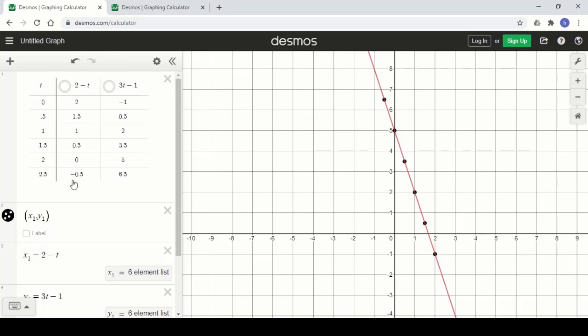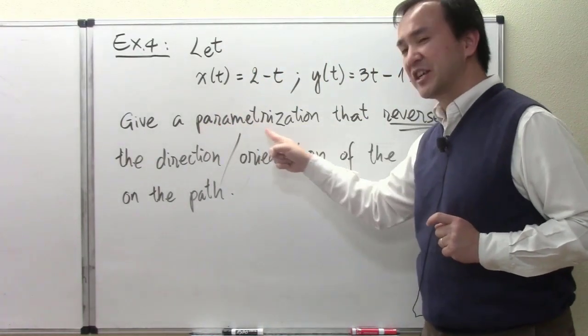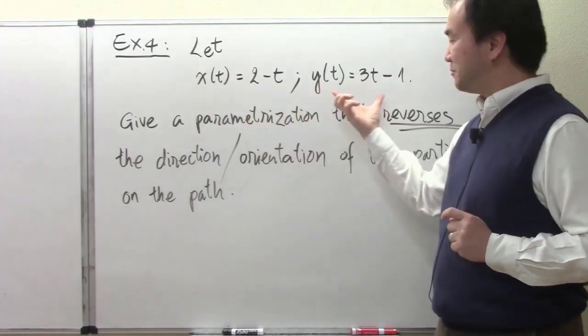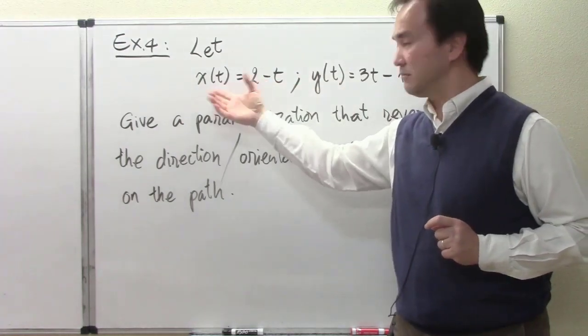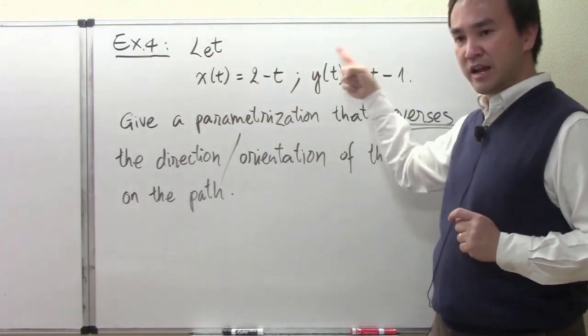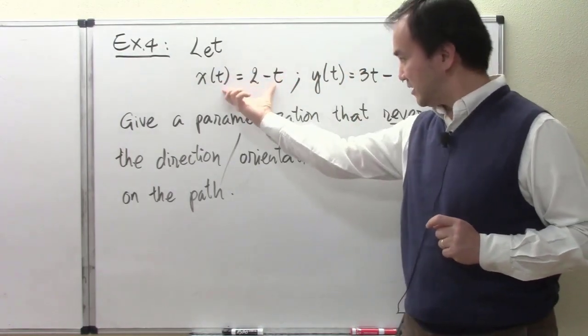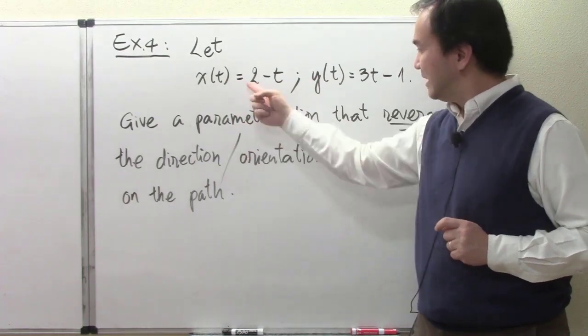Okay, so now getting back to our problem. What is a parametrization? A parametrization is just a way to parametrically express your path. So this pair of equations here is already a parametrization.